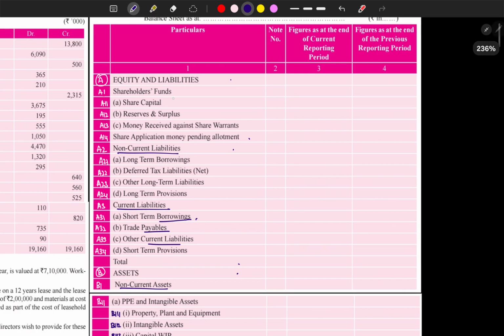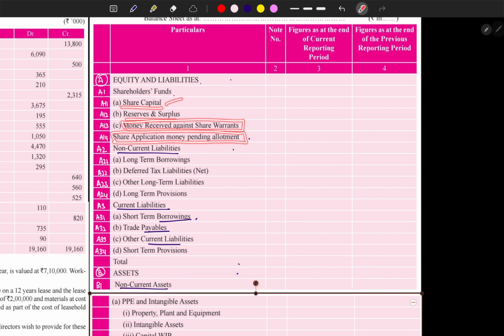The first one is equity and liabilities. Equity and liabilities contains shareholders funds and liabilities. Shareholders funds majorly cover share capital, reserves and surplus, money received against share warrants, and share application money pending allotment.